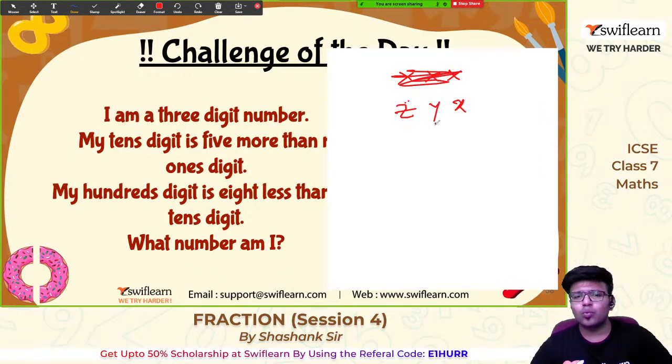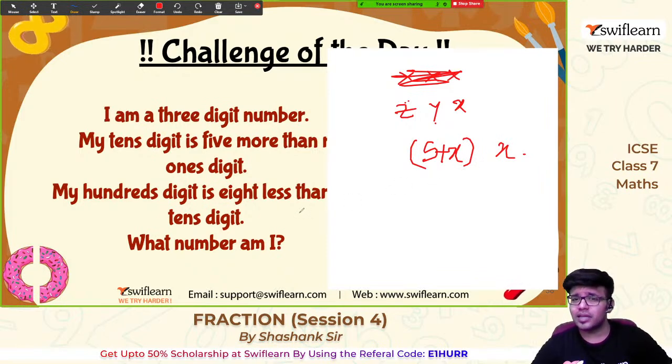My tens digit Y is 5 more than the ones digit, so it is 5 plus x. And my hundreds digit is 8 less than the tens digit, so it is 5 plus x minus 8, which is x minus 3.